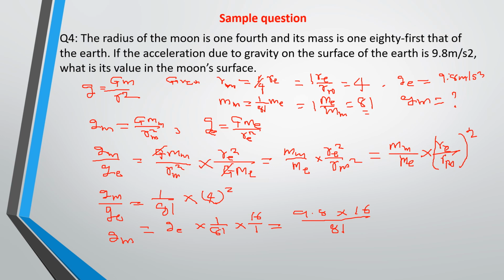By the time you solve this out, your g moon will be equal to 1.9 meters per second squared.